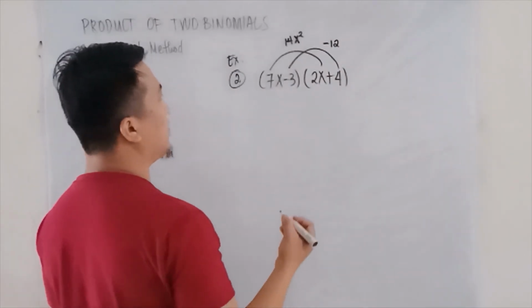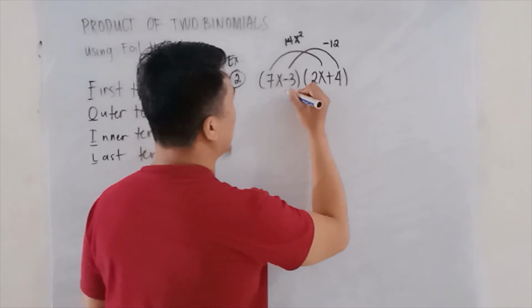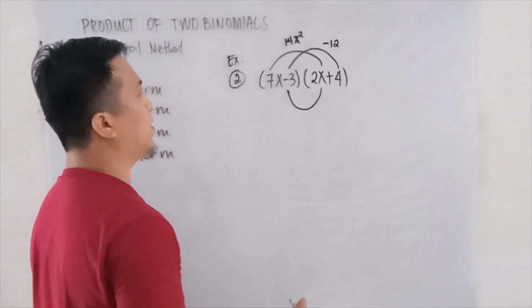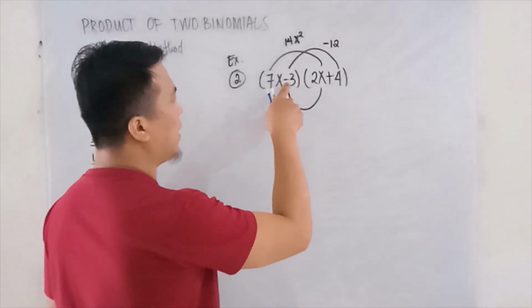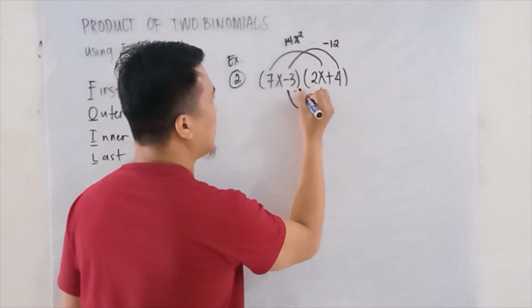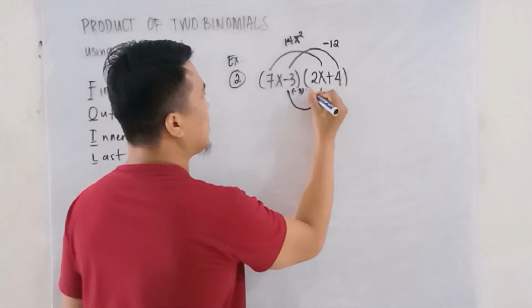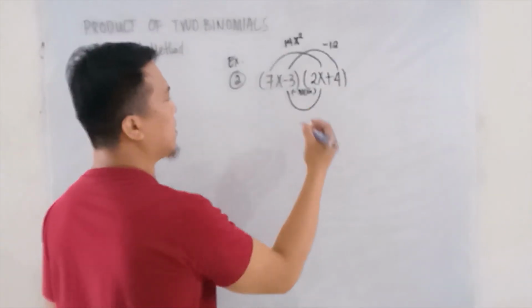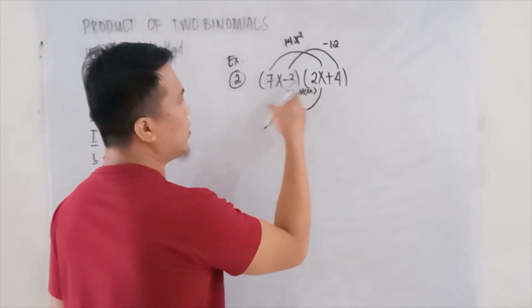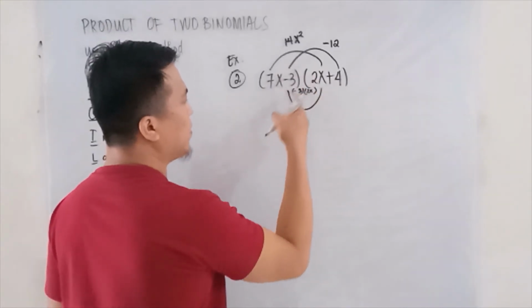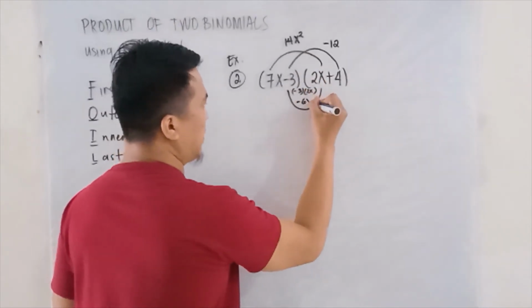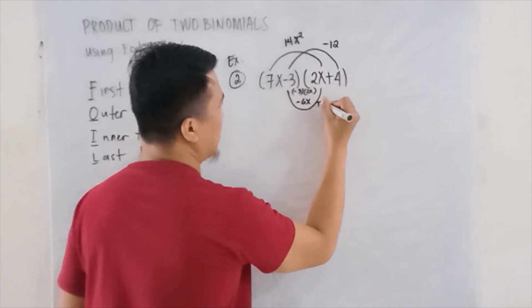And for the inner part, we have negative 3 times 2x. Negative 3 times 2x. Let me focus first on the numerical coefficients. Negative 3 times 2 is negative 6. Then we copy x. And that is for the inner part.